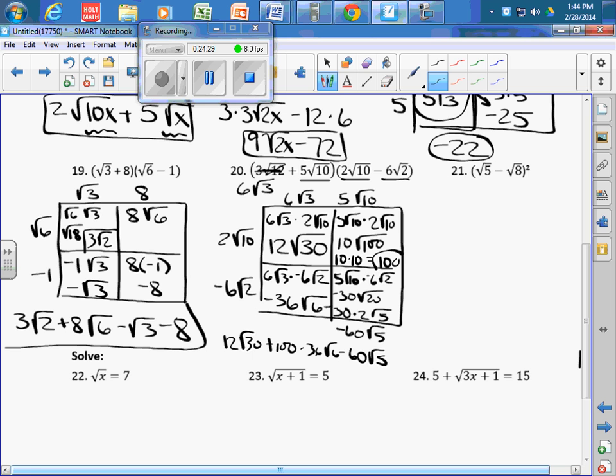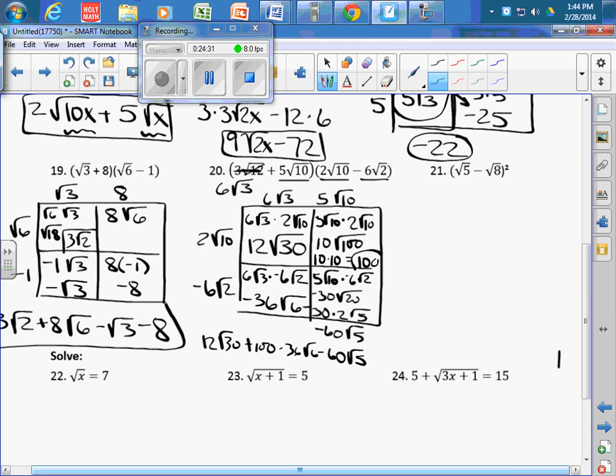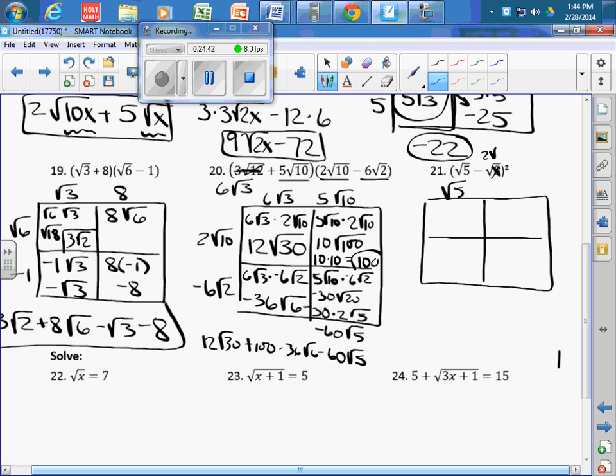Again, in number 21, radical 5, and I'm going to change radical 8 to 2 radical 2. So minus 2 radical 2, radical 5 here, and negative 2 radical 2. Well, radical 5 times radical 5 is 5.